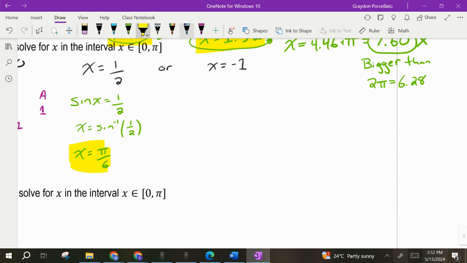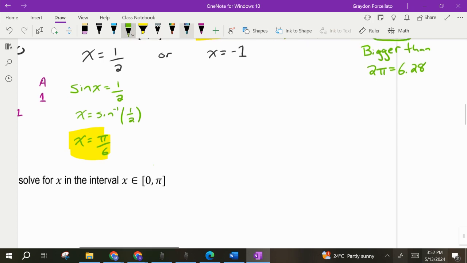Okay? Now my other solution here is going to be when x equals -1. So let's figure that out. Actually, you know what? What I'm going to do is I'm actually going to build off of this. Because if we think of this, let's do our little Cartesian for our first one. So I'm going to draw my Cartesian. And I get sine of pi over 6. So that's here. Where is sine positive?